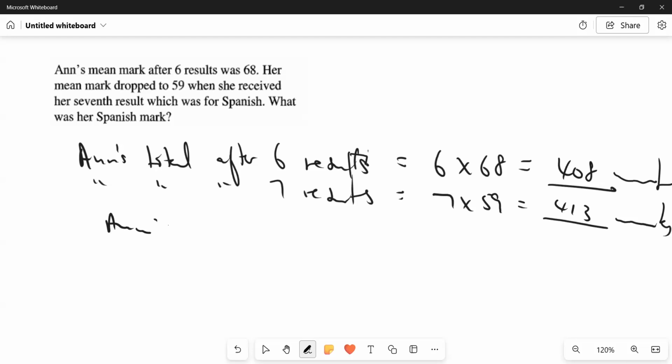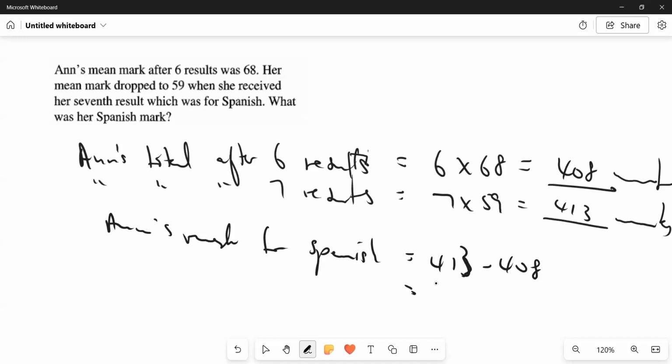Anne's mark for Spanish will be equal to 413 minus 408. She did horrible. 5 marks, sir. 5, yeah, right? She flunked Spanish, right? So you see the kind of problems, right, that you can come up against with this whole thing about the arithmetic mean, right?